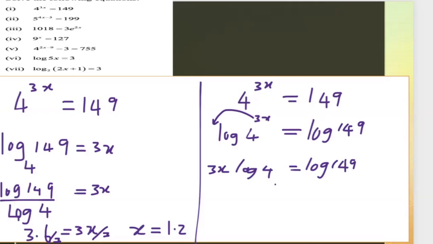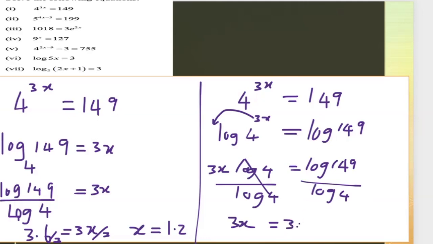Then you divide both sides by log 4. So this cancels. So you have 3x equal, you put log 149 over log 4, which is the same thing as the left-hand side. You get 3.6. And you divide both sides by 3. And we get the same answer, x equal 1.2.